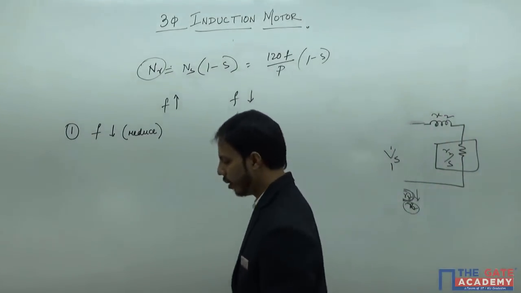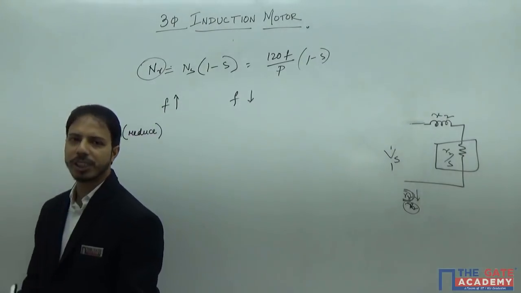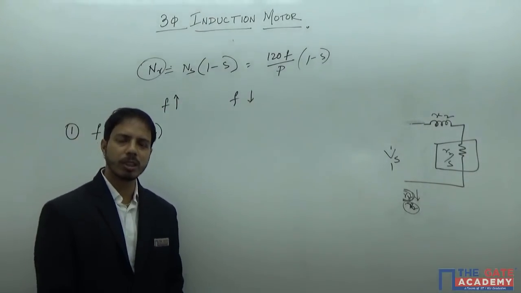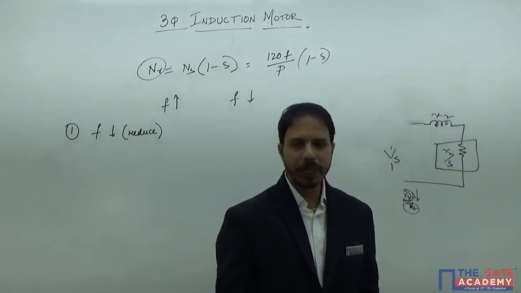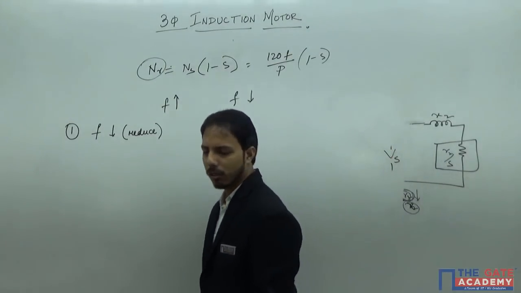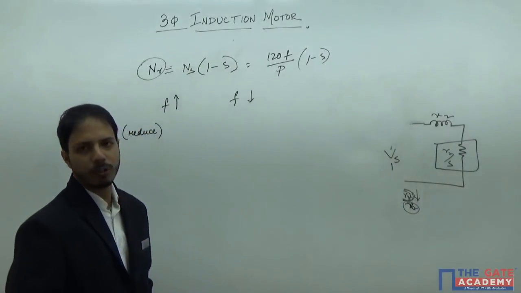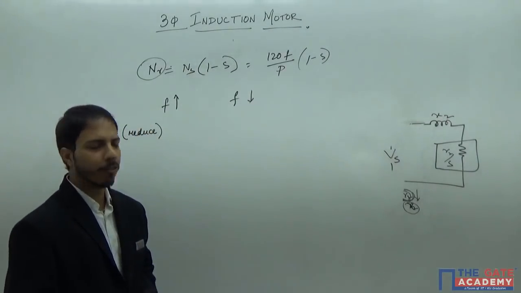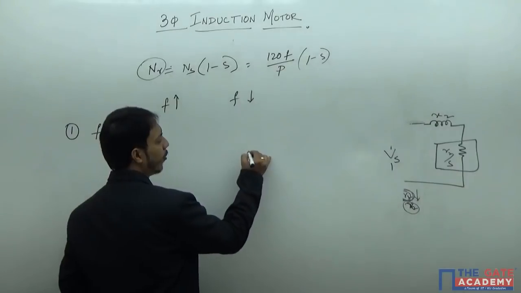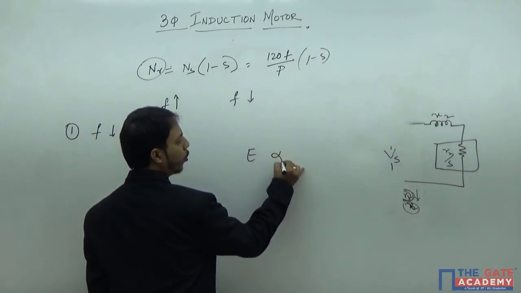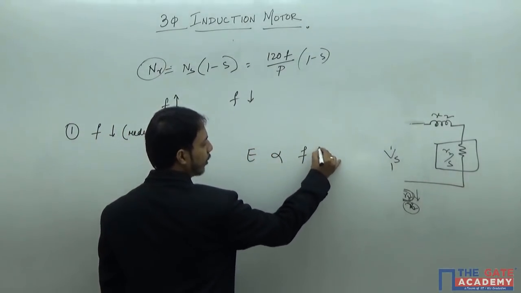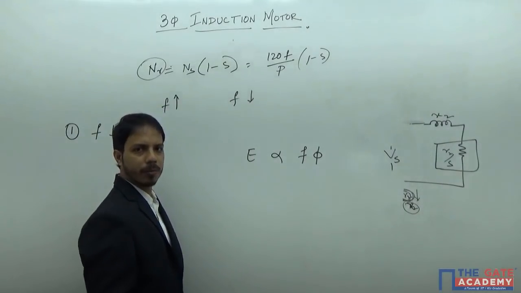We know that any electrical machine, whether it is a DC machine, an induction motor, or let's say a transformer, has flux flowing in it. The induced EMF is proportional to frequency times flux.